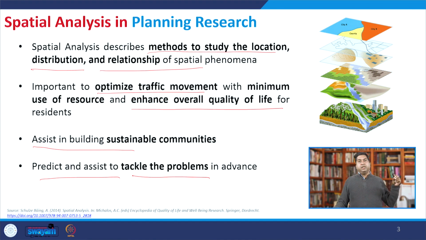Similarly, if we have a location very close to a CBD, central business district, or a core urban area, then we'll find that congestion and pollution are at a high level.